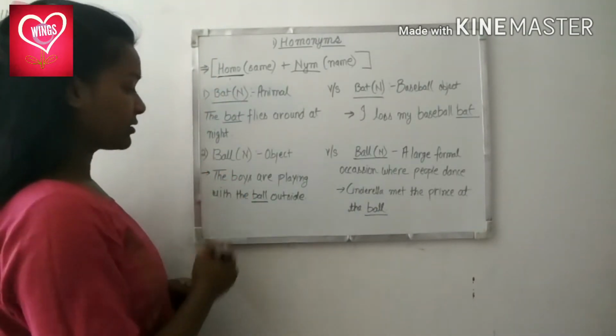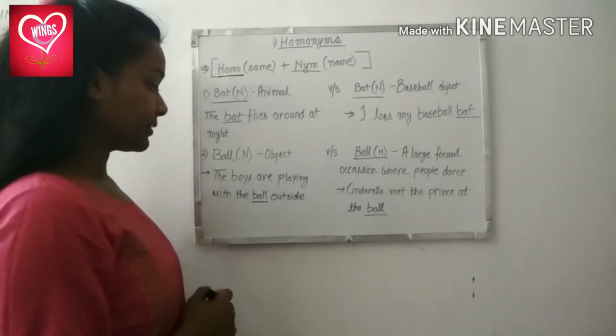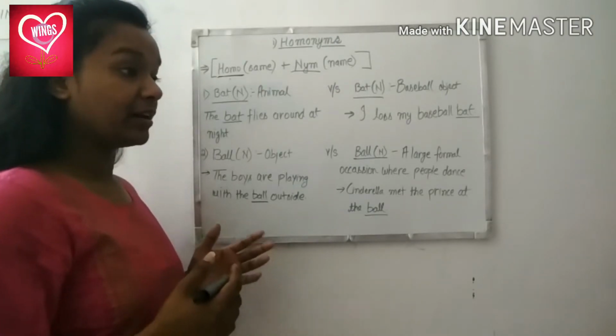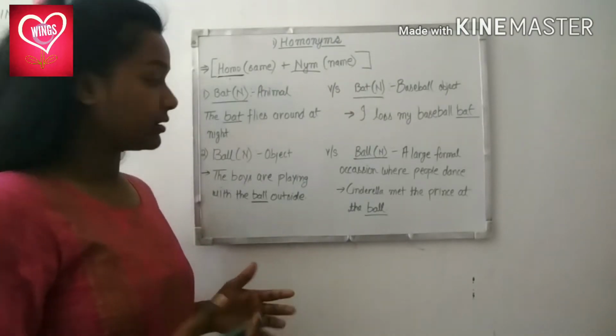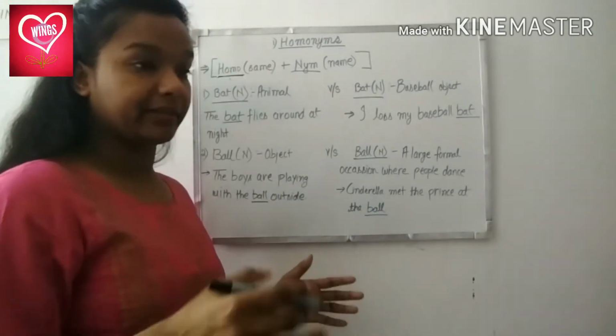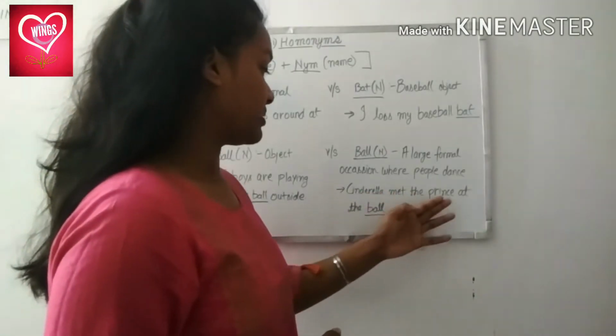An example of the first ball: the boys are playing with the ball outside. Here, ball is an object with which children play, and the second ball is the place where people dance in pairs. For example, Cinderella met the prince at the ball.